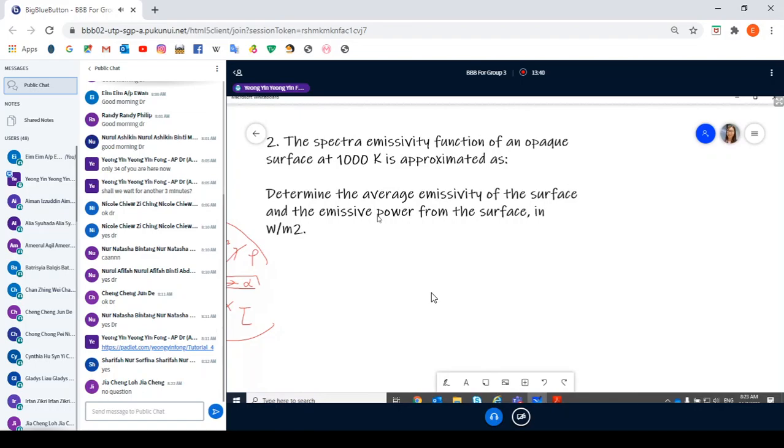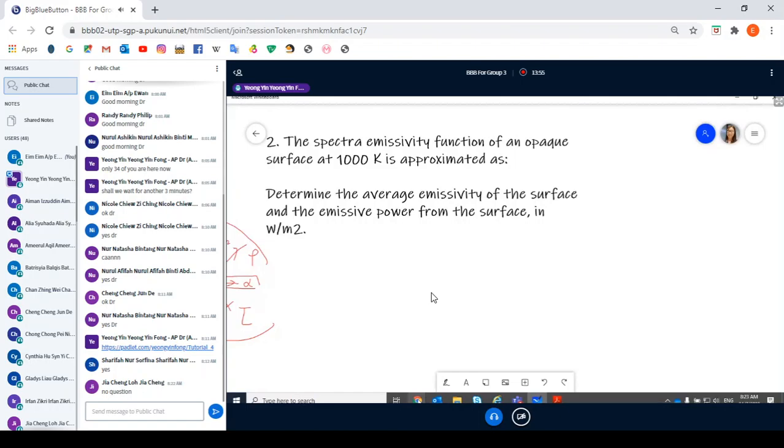Even if I don't mention watt per meter square, you should be able to understand. Emissive power is watt per meter square. I would like to check the Padlet, but no one wants to share answers yet. Never mind, I go back to the whiteboard first.